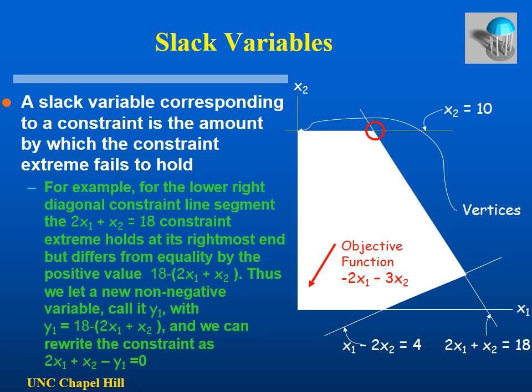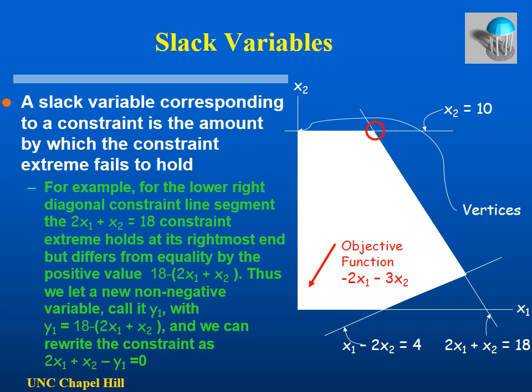So take our example of the constraint 2x1 plus x2 equals 18. That holds everywhere along the line, diagonally pointing upwards on the right side of the constraint region.